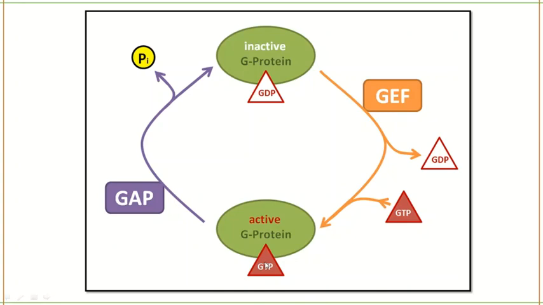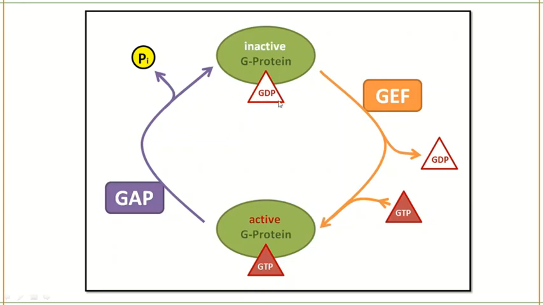Your protein cannot be active all the time. It has its limit. When the work is done, it has to become inactive or go back to its original state. For that, there is another protein, GAP, the GTPase activating protein. It will hydrolyze the GTP. When GTP hydrolysis happens, one phosphate is removed and it becomes GDP.